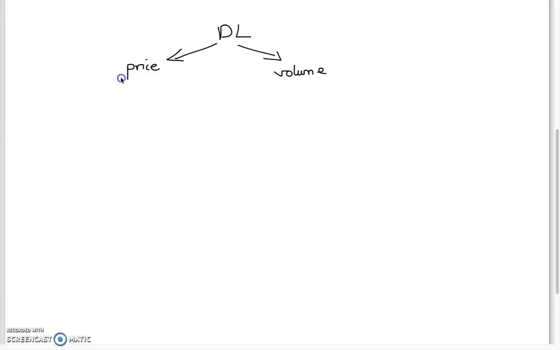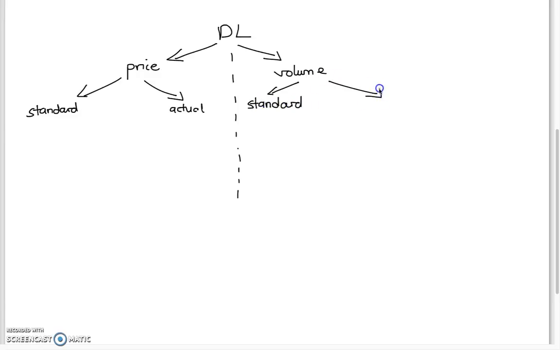Further subdivide into standard and actual. And draw a line here. Standard, actual. All right. So again, we're going to start off with price, and the variable that changes is price.